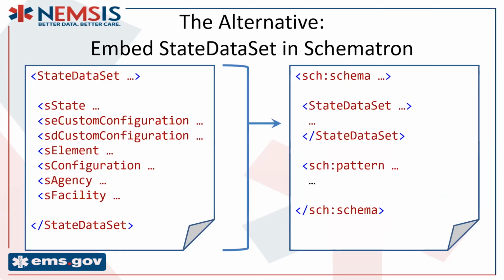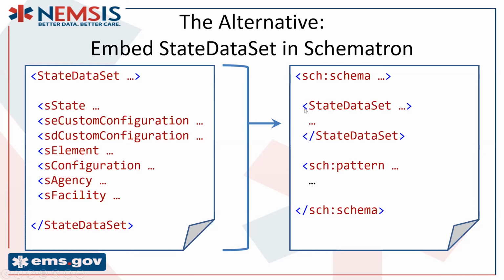Okay, so the way it works is you have a state data set file with all these different sections, like your custom elements, your meds and procedures, your agencies, your facilities, and that entire state data set file just gets inserted right into the Schematron schema up near the top. And then down in your Schematron patterns and rules and assertions, you can reference the contents of the state data set by doing a key lookup.